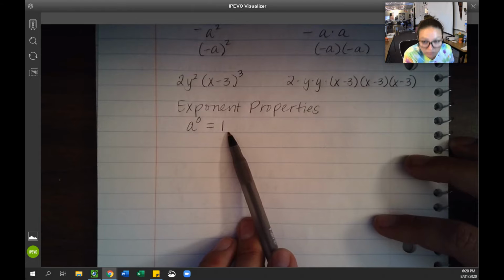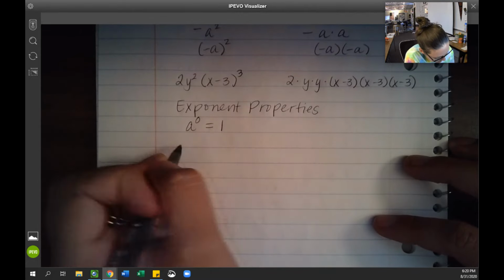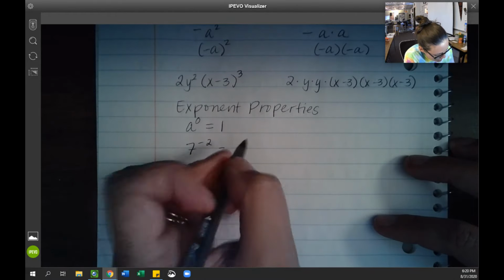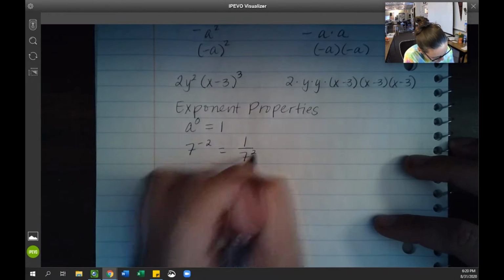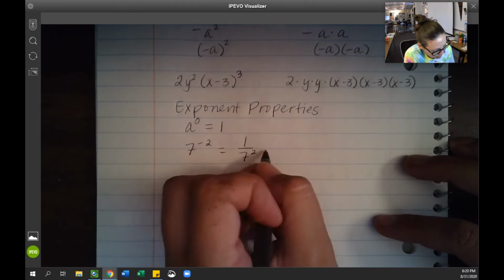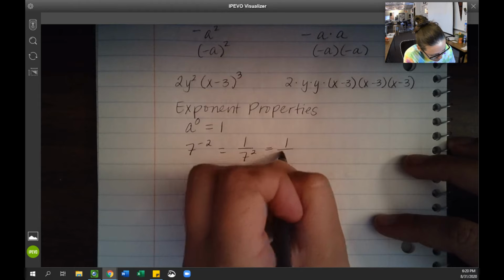Okay? The next thing is that if I have negative exponents, so let's say I have 7 to the negative 2, that's the same thing as 1 over 7 to the positive second power, or 1 over 49.